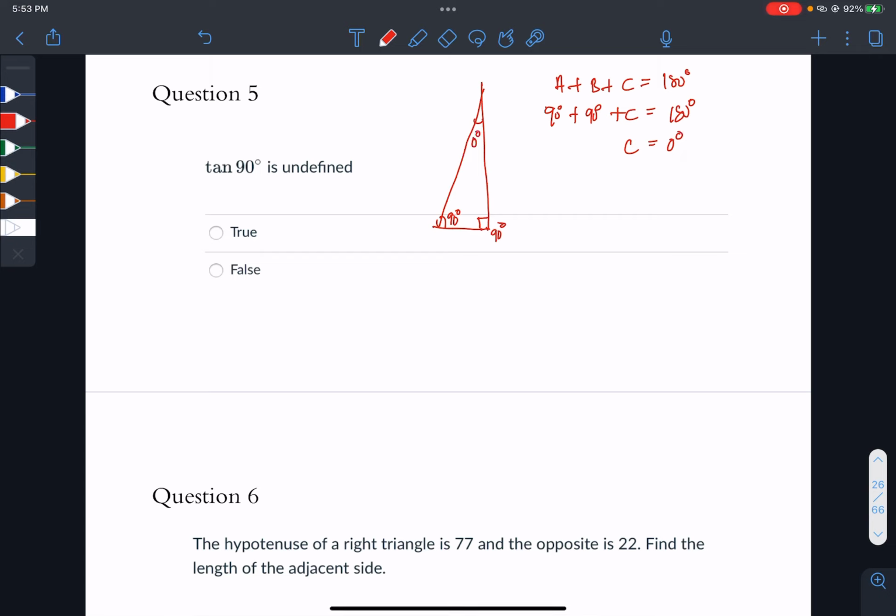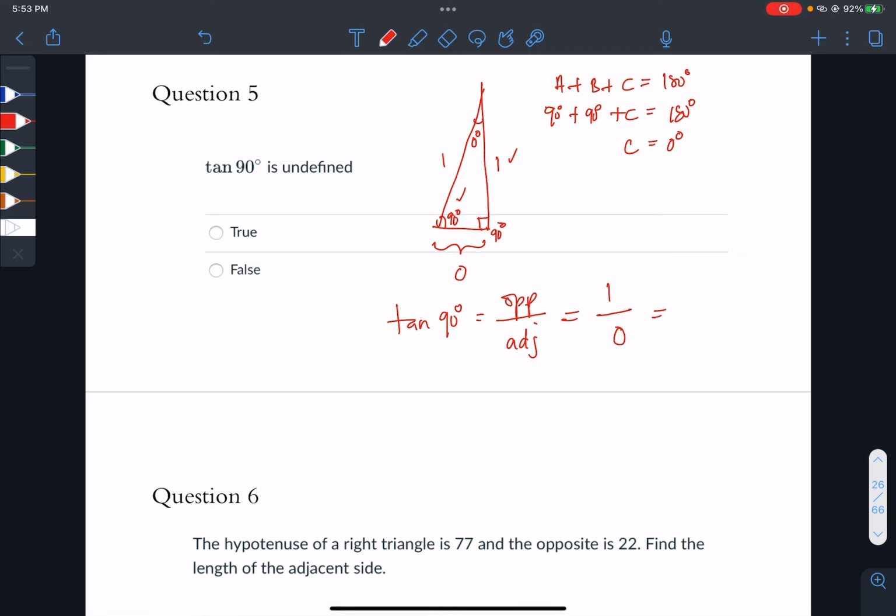Now, since that is 0 degrees, what is the distance here? This is actually 0 as well. It is 0 because they are touching, there is no angle, so there is no distance between the two. But if this is 1, this is 1 as well. So when we take tangent 90 degrees, which is opposite over adjacent side, this is the 90 degrees, opposite is 1, adjacent is 0.